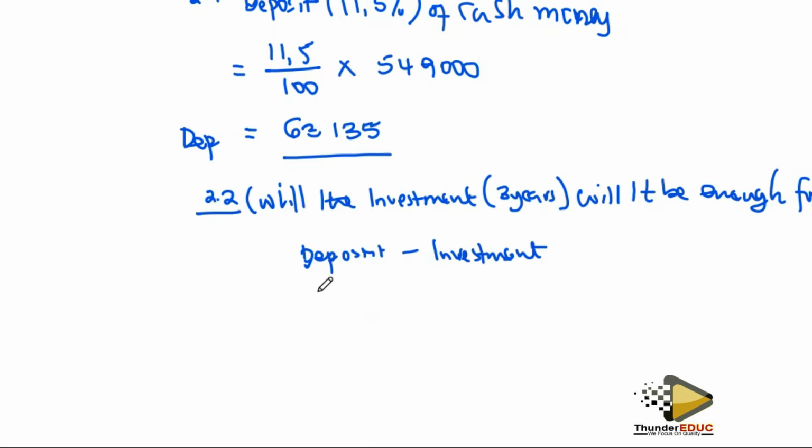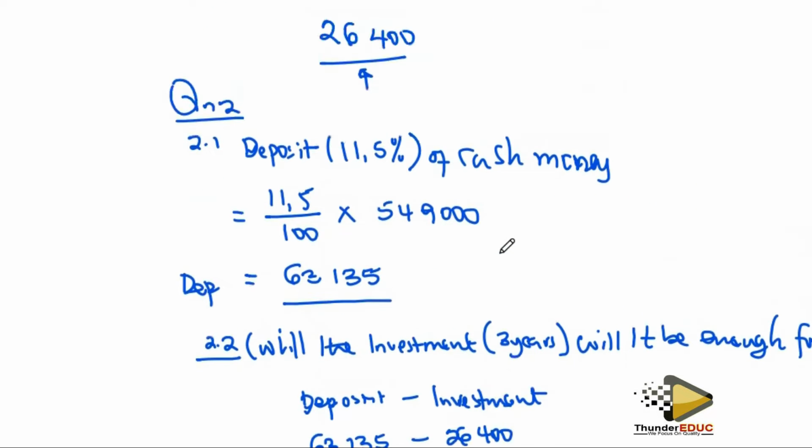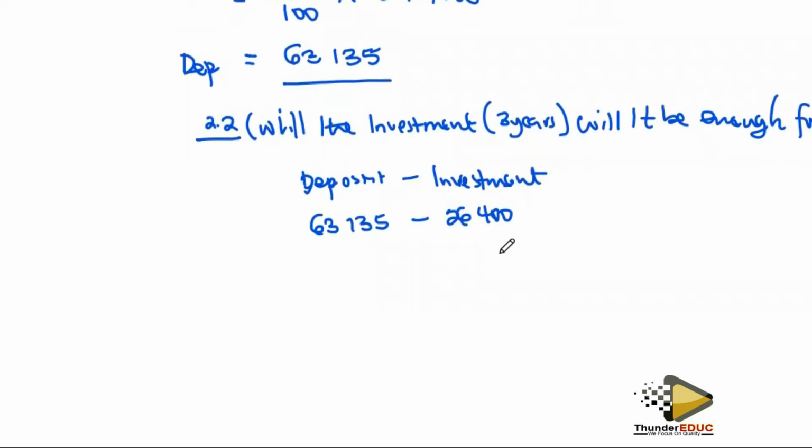So the deposit is supposed to be 63,135 minus 26,400. 63,135 minus that much, which will be 36,735.